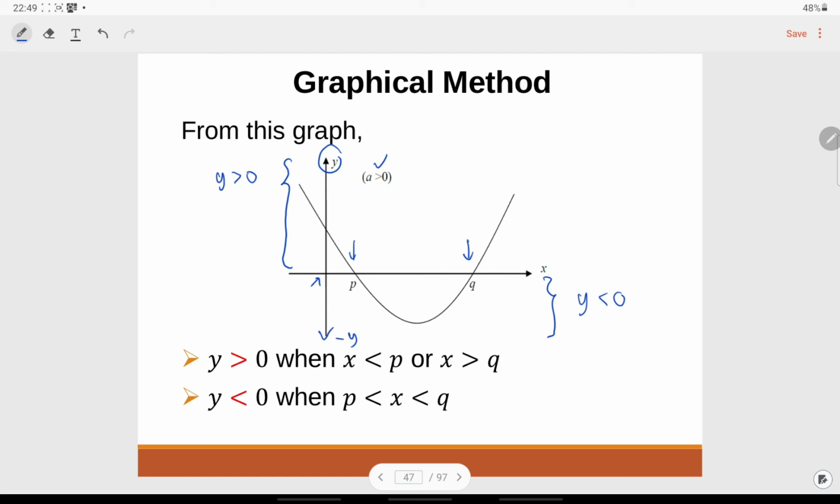Okay, from the graph, when y is greater than 0, that means we consider above the x-axis. So which area? We need to use a different color. Above the x-axis, we have this area covered by the graph.